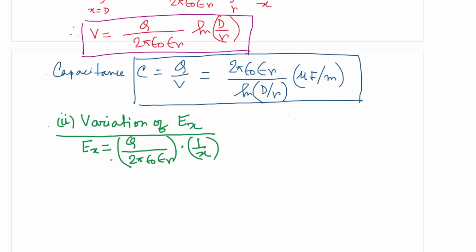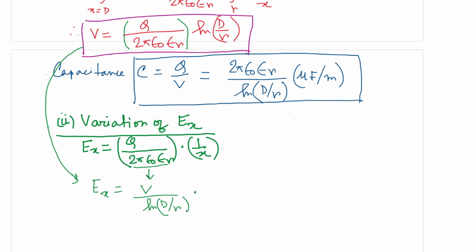Now we want to utilize this expression. What is q by 2 pi epsilon 0 epsilon r? From this expression we can write Ex, which is equal to q by 2 pi epsilon 0 epsilon r into 1 by x, which is equal to v by ln d by r into 1 by x.